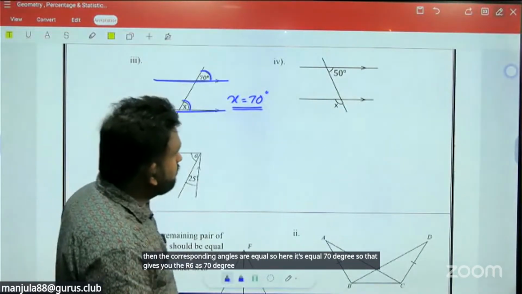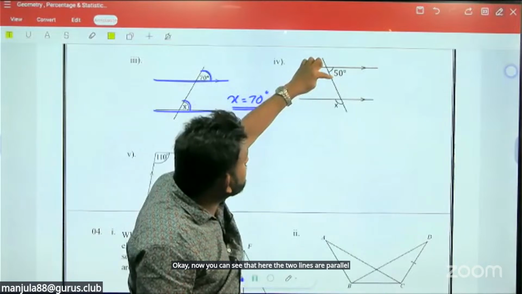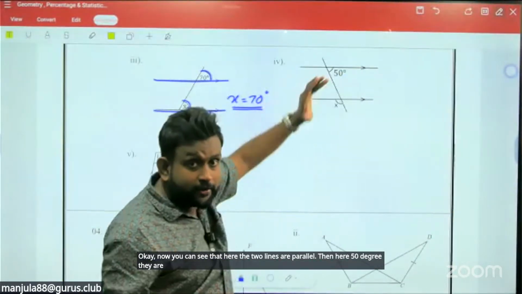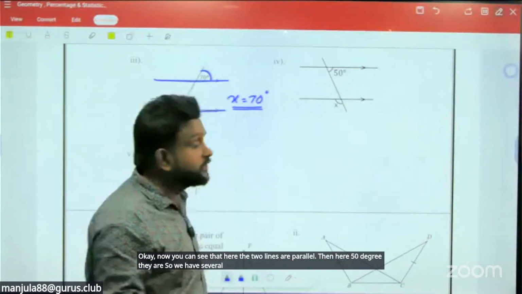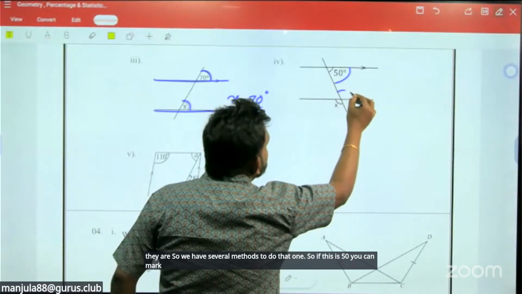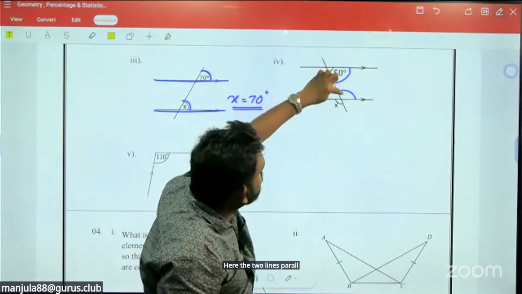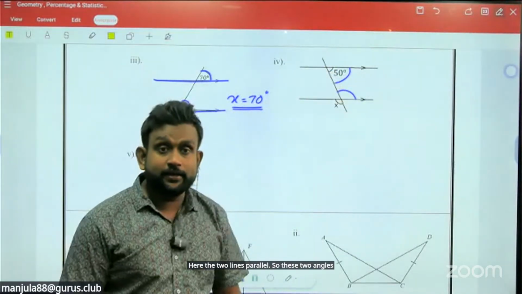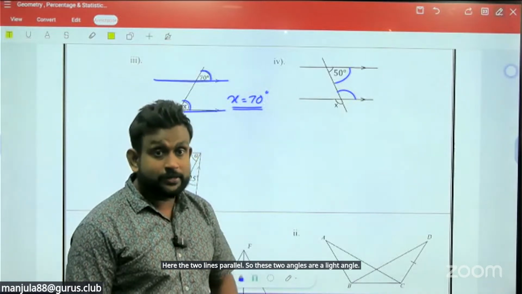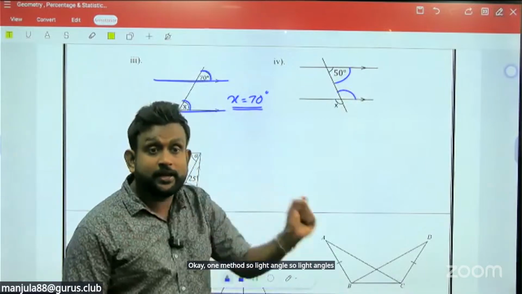Okay. Now you can see that here the two lines are parallel. Then here there is 50 degrees. We have several methods to do that one. If this is 50, how much can you mark this as? Here the two lines are parallel, so these two angles are allied angles. Okay, one method: allied angles. Allied angles add up to 180 if the lines are parallel.